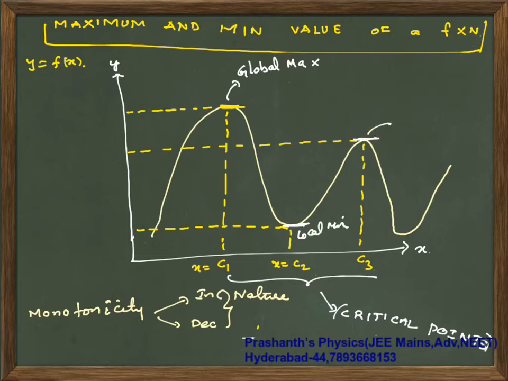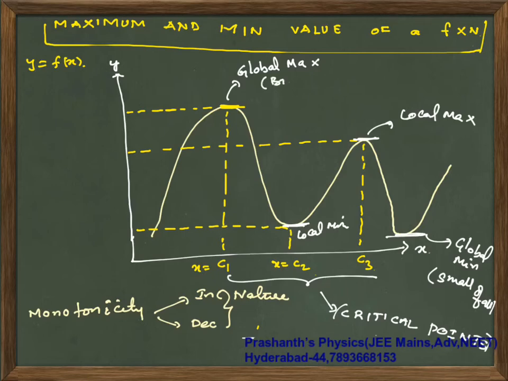This is your local maxima. And this is your global minima. Global minima means smallest of all, global maxima means biggest of all. So at critical points, you will have local maxima or global maxima or local minima or global minima. So all these points are called critical points.